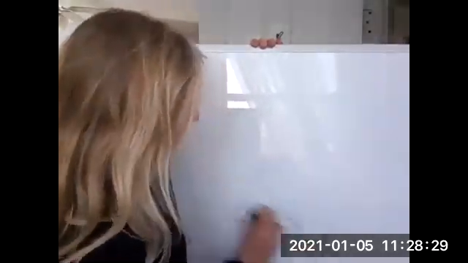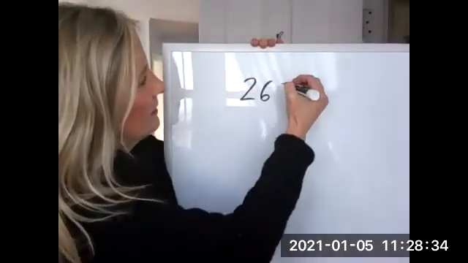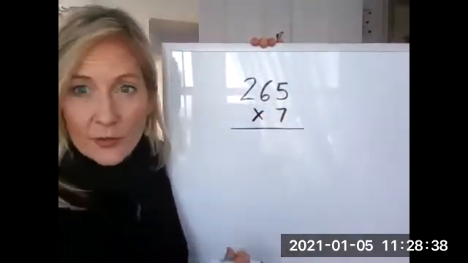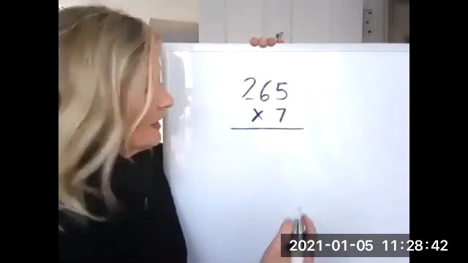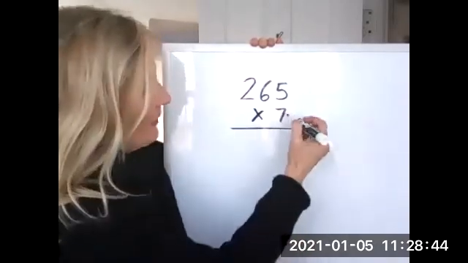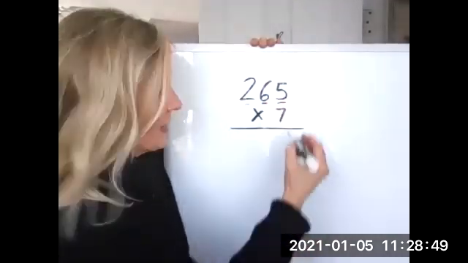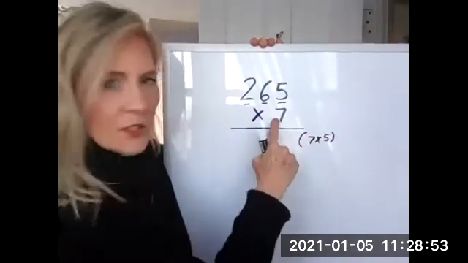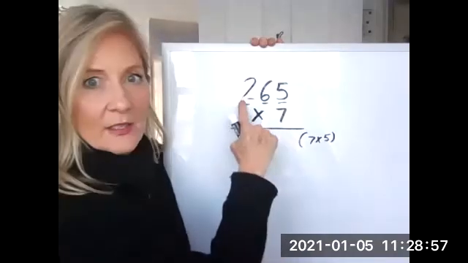Let's do 7 groups of 265. And you can do it along with me. Hopefully you have a whiteboard or some paper that you can be doing this with me so we can get used to a new procedure, which I think you're going to like. Okay, it's a 5, a 60, and a 200. 7 times 5, 7 groups of 5. I always start with this number: 7 groups of this, 7 groups of this, 7 groups of this, right?